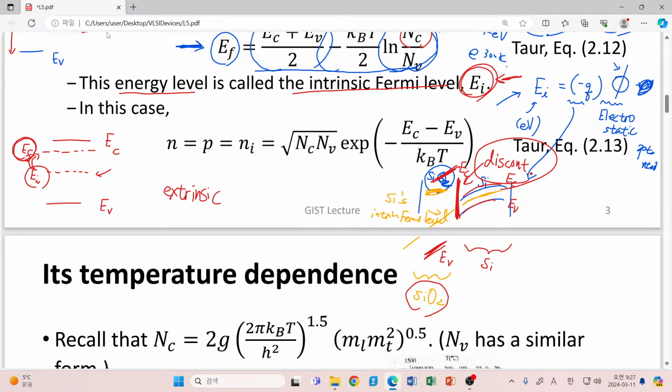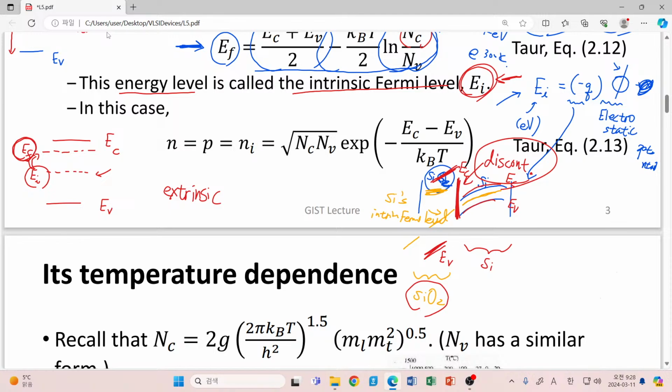Then even at a given position, we can define two different quantities: the intrinsic Fermi level of silicon and the intrinsic Fermi level of silicon dioxide, and there is no guarantee that they coincide. So they actually show a certain discontinuity. That introduces much difficulty in our actual description.